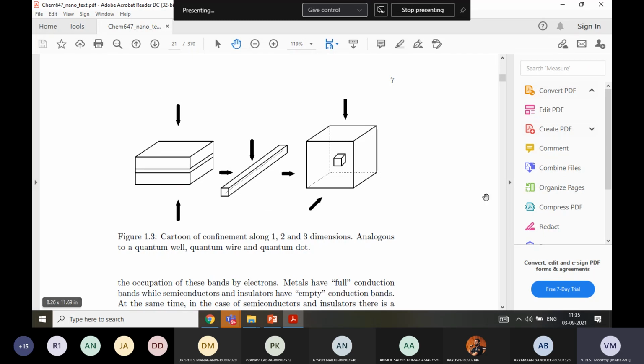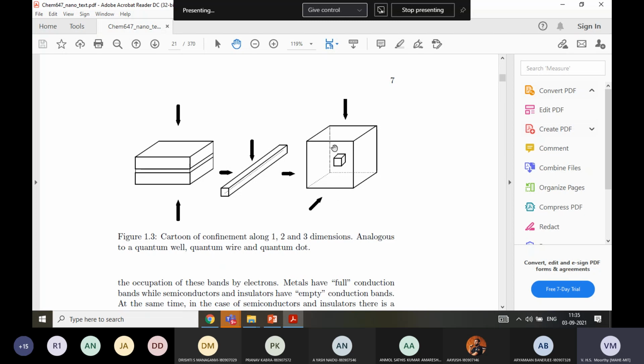So why they are very important, as I have told, low dimensional structures are very, very important. All quantum mechanics is basically dependent on these types of structures. Nanostructures are basically making any of these three types of structures, whether quantum wells or two-dimensional structures, one-dimensional structures, or quantum dots.